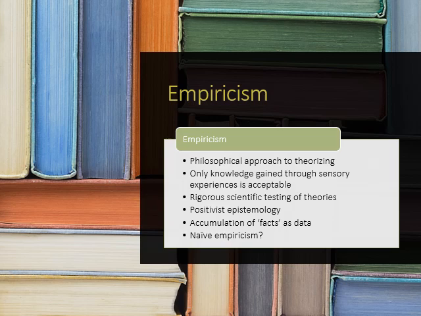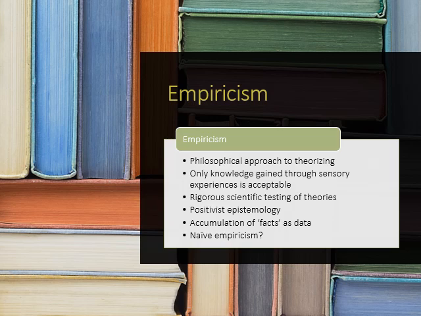The chapter goes into naive empiricism. So, I'm going to end my slide with a question mark. Naive empiricism refers to the critique that some forms of empiricism might be overly simplistic, and naive empiricism may imply an uncritical acceptance of data without considering the broader context or underlying theoretical assumptions.